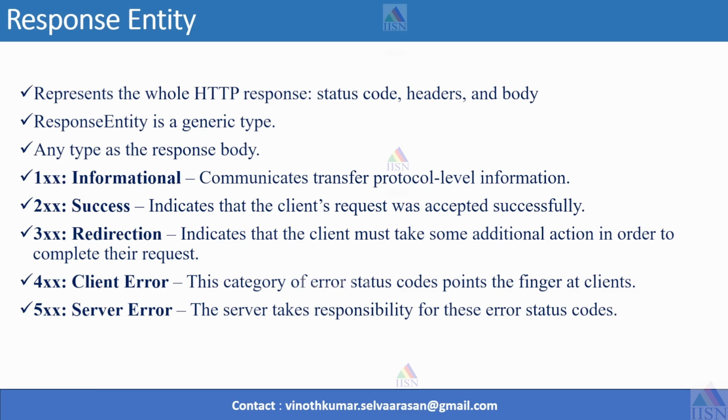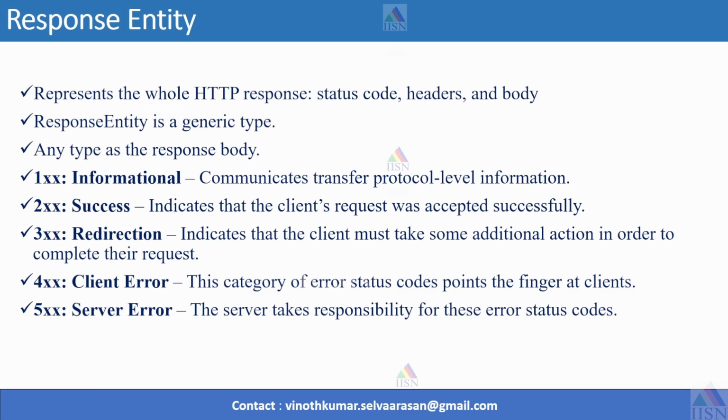So we come to know by using the status code. The header contains key and value pairs. And the body, in case you want to display any information, you can use the body which is present in the ResponseEntity. The ResponseEntity is a generic type, so you can use any type.